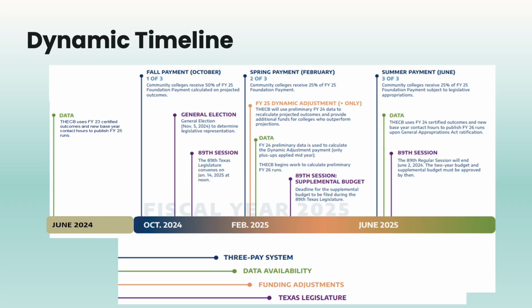It wasn't dynamic. Your funding didn't move. The wonderful part of this is that our February payment does allow you to receive that. So if you really outshot your forecasted outcomes, if you really hit those metrics, then you can actually receive additional funding in February in that fiscal year. Okay, so that's a great thing to have.